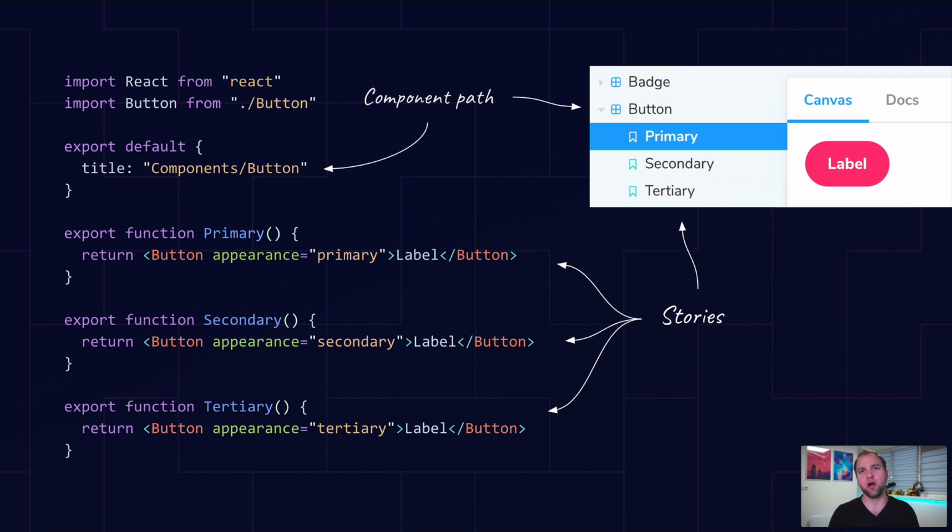Someone previously mentioned, being obviously a Storybook power user, "Hey, can't I just write a for loop?" because you're just repeating the same thing 3 times over with only the appearance property changing. That's true. So if you are a Storybook power user, you would typically use something called Storybook args to do this.